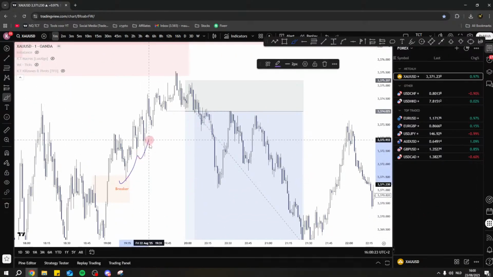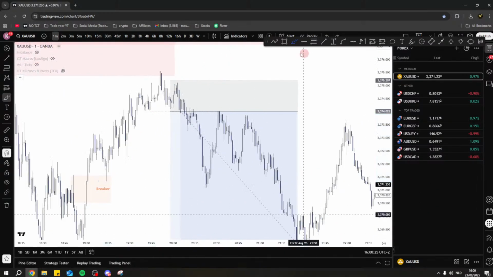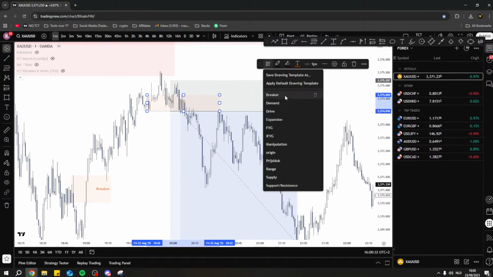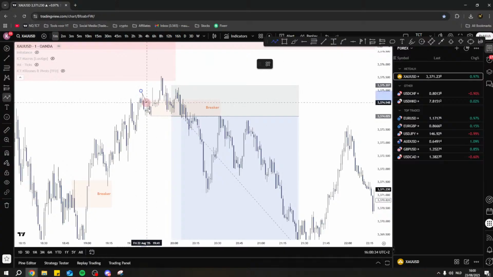Then you grind it up slowly towards your supply zone. This was literally the part that you had to use for new highs. You've managed to test that demand, but we failed to make new highs.